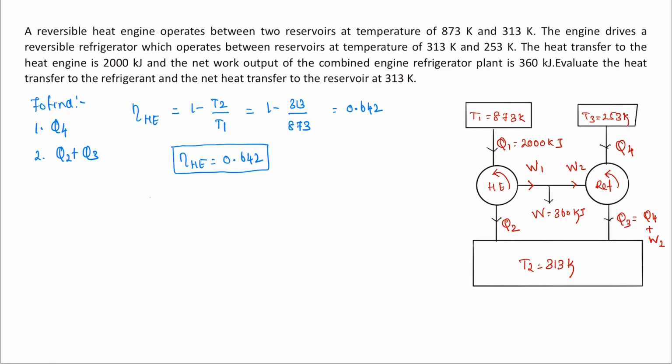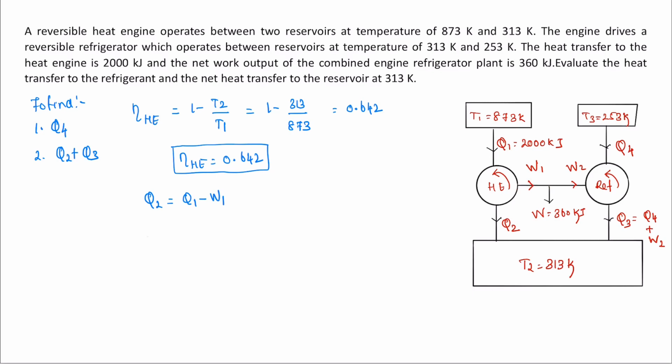That is, Q2 is equal to Q1 minus W1. By using this equation, you can find the value of Q2. But in this equation, the value of Q1 is given, but the value of W1 is not given.